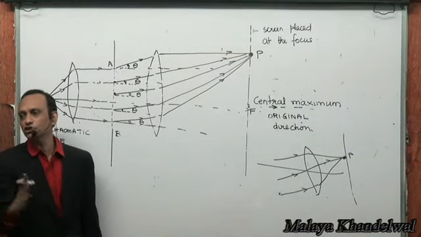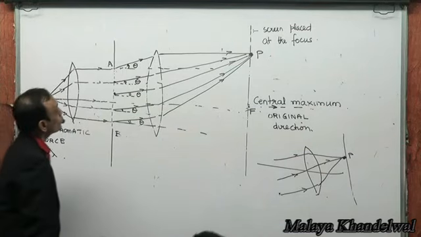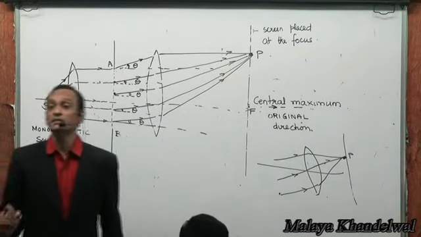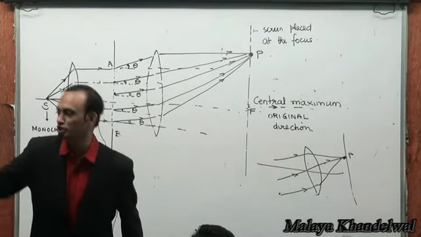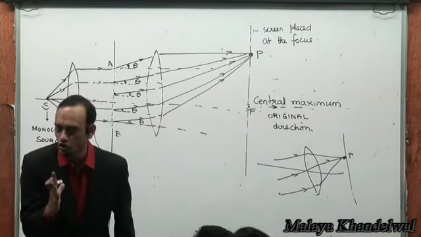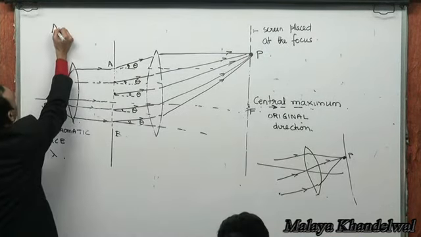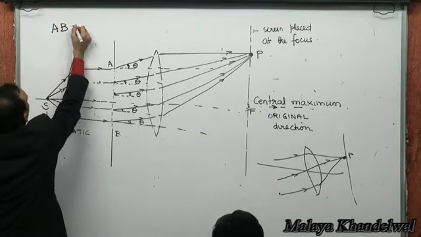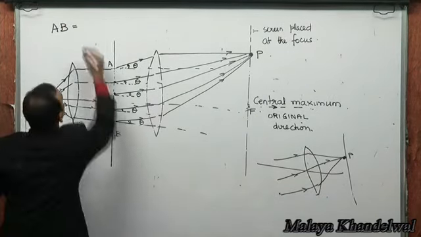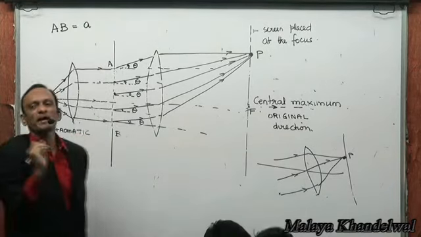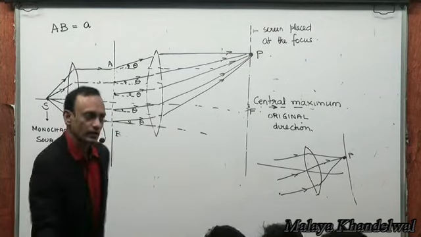Angle of diffraction for this beam is theta, right? We will examine, let's say, the path difference associated with angle of diffraction theta, for example. But so far so good, right? We will assume that AB, the width of the slit, the width of the aperture, is small a and is comparable to the wavelength of light.